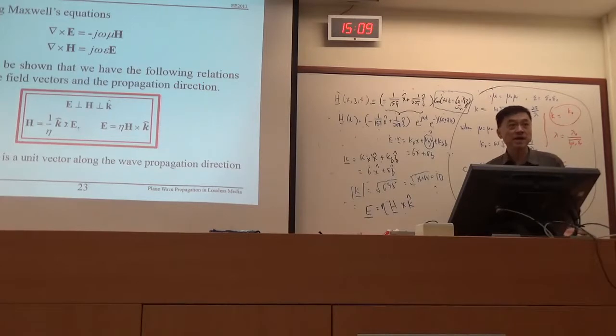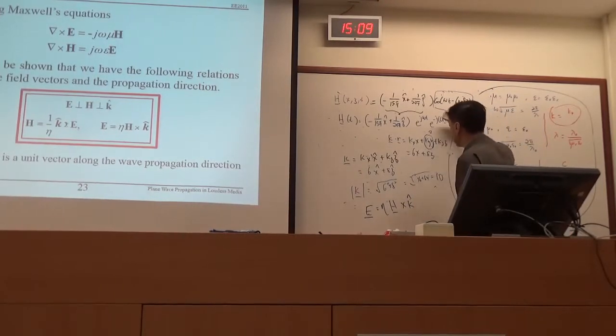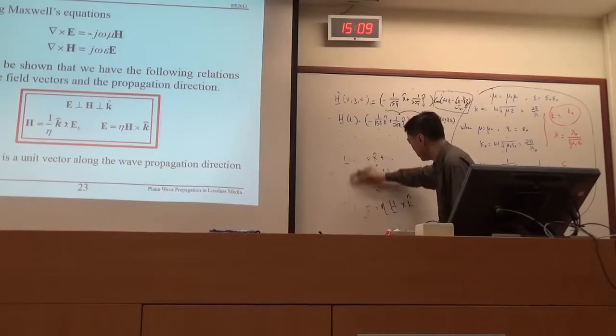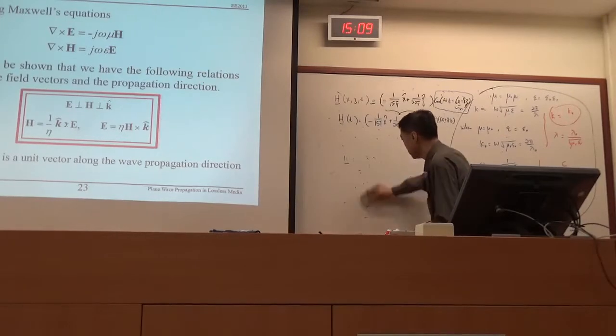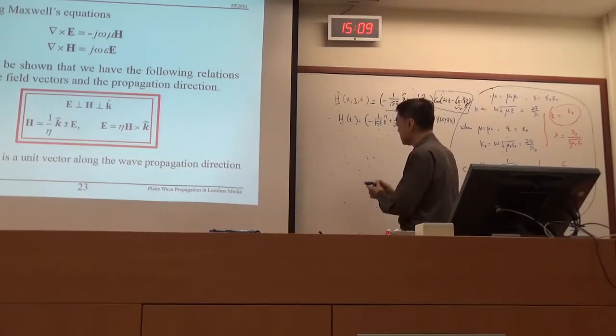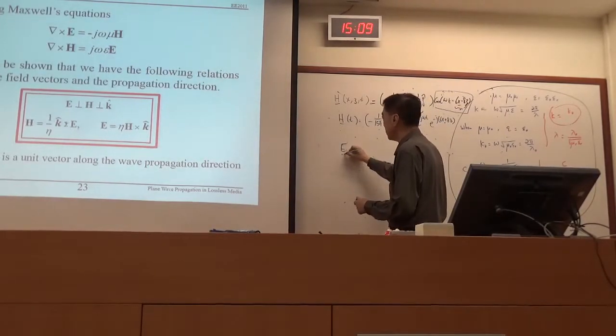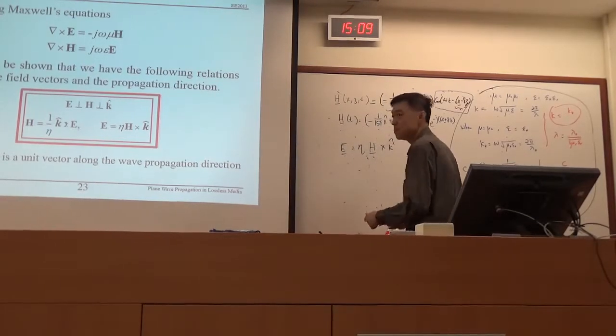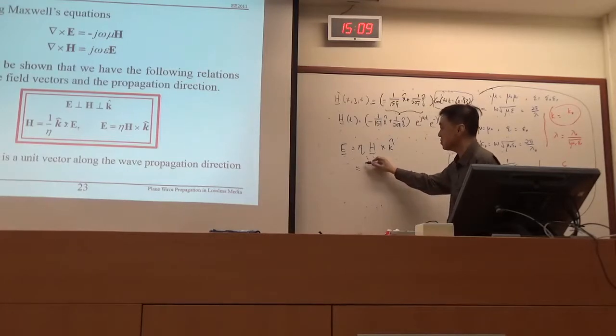Zeta is equal to zeta naught, which is free space. So I write it right here again: E is equal to zeta H cross k, so it is equal to 120 pi.